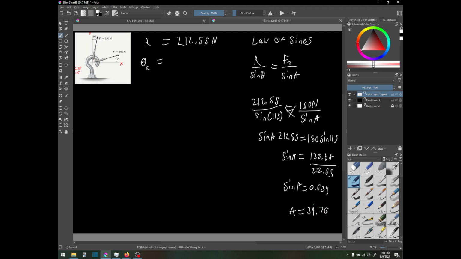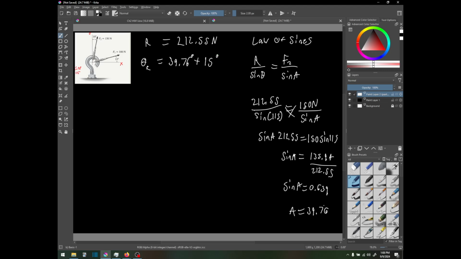And now for the direction of R, theta R, that is going to be our angle A of 39.76 plus 15 degrees.